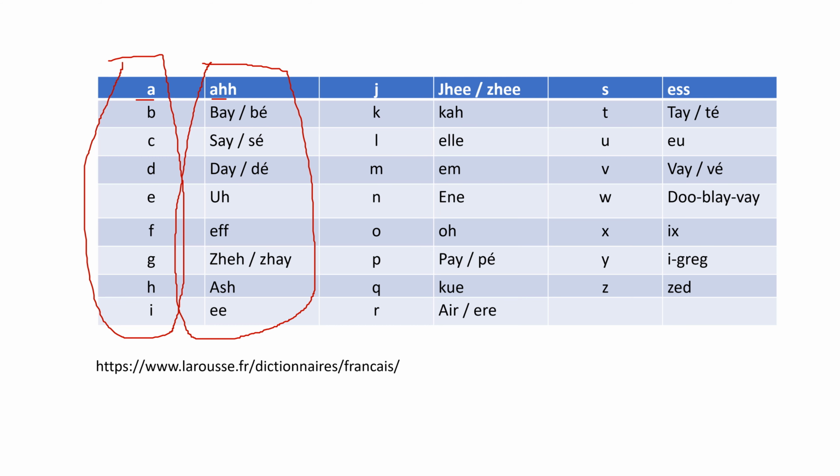B, as in the English word bay, Hudson's Bay if you live in Canada, or Bay Strait, or simply Bay, Montego Bay. Don't worry about the little guy on top of the E. We'll explain that later. C, as in the word say. D, as in the word day, every day.